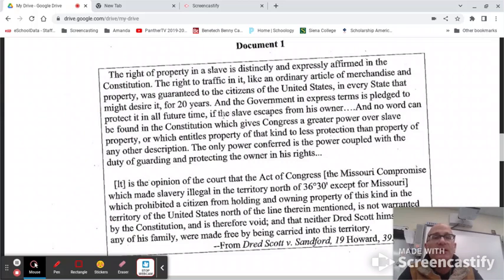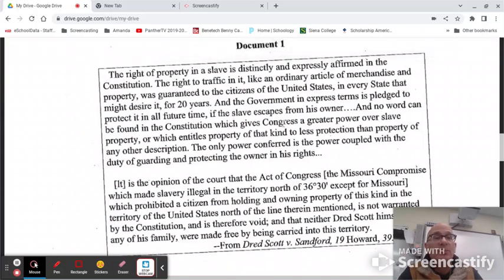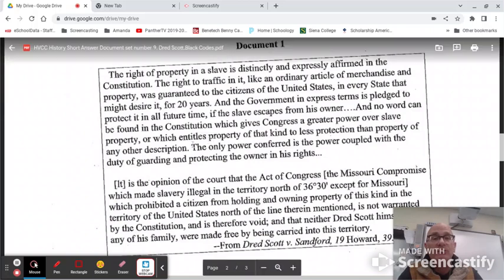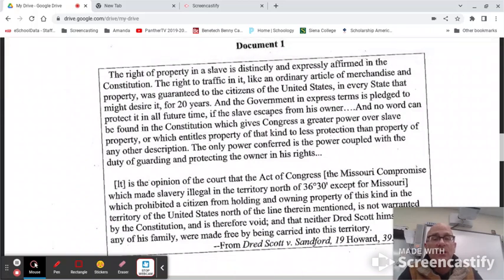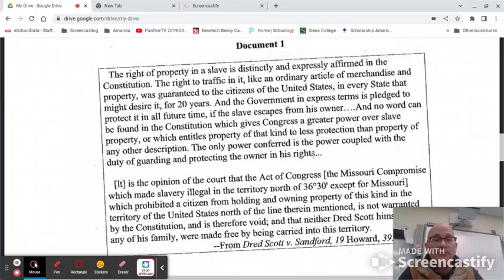If the slave escapes from his owner, no word can be found in the Constitution which gives Congress a greater power over slave property, or which entitles property of that kind to less protection than property of any other description. Basically saying here that owning a slave entitles you to the same legal rights as owning any other piece of property. The only power conferred is the power coupled with the duty of guarding and protecting the owner in his rights.